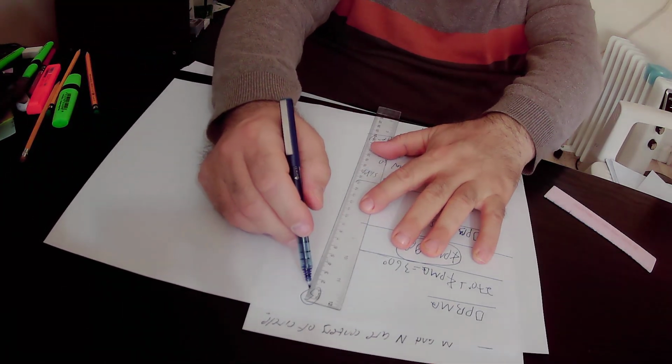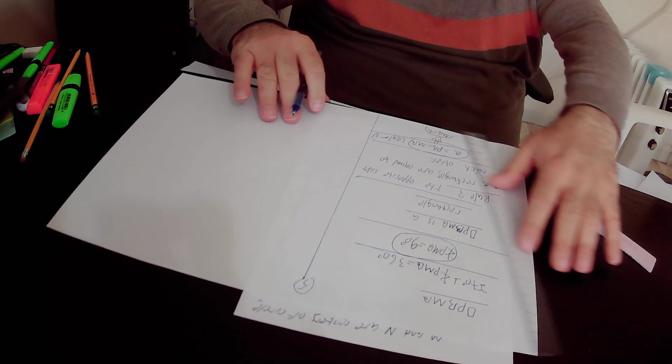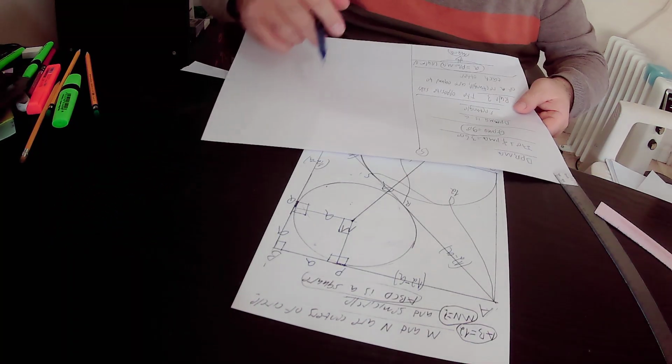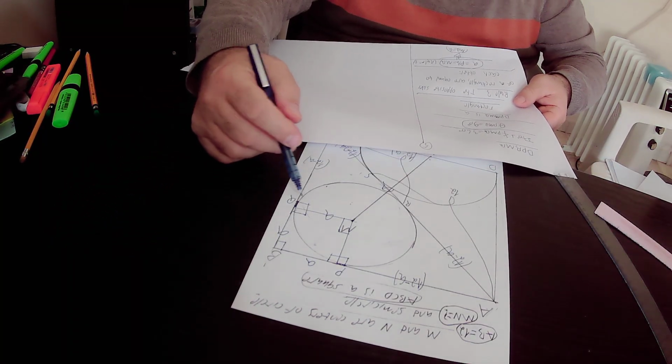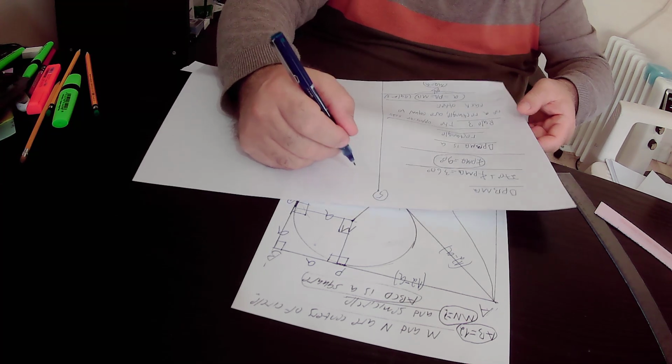Likewise, according to rule number 3, BQ also must be equal to PM.